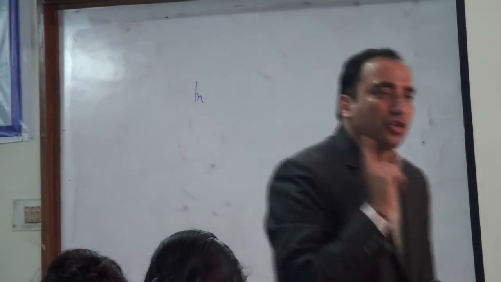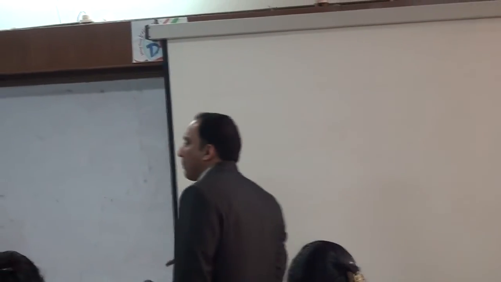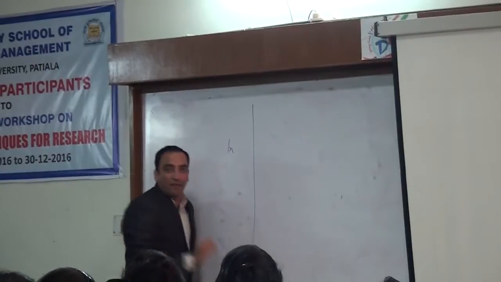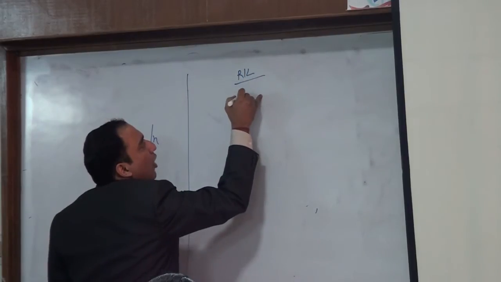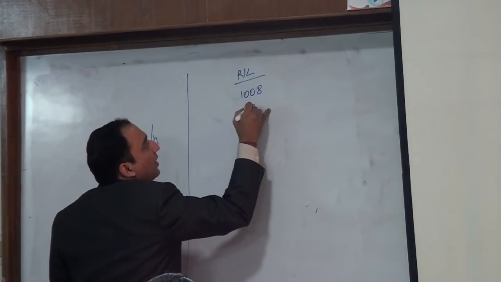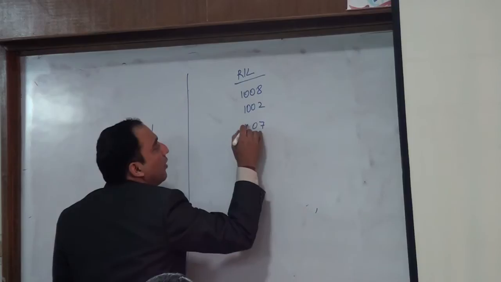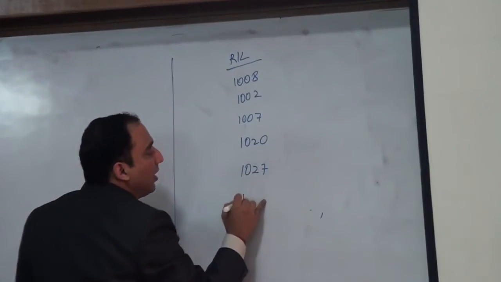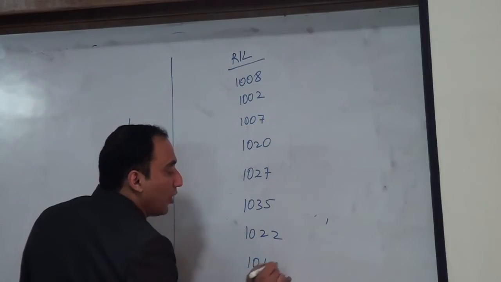The first most important purpose of ln is to convert prices into returns. For example, I am having stock prices. Let us say RIL. RIL is having different stock prices: 1008, 1002, 1007, 1020, 1027, 1035, 1022, 1040, and so on.